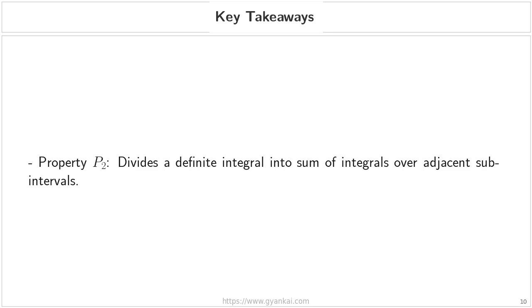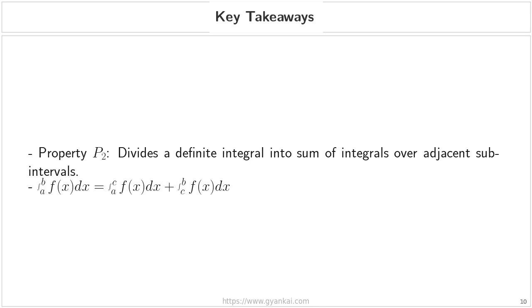Key takeaways. Okay, let's recap everything we've learned about the additivity of integration intervals, which we've been calling property P2. This slide summarizes the key takeaways. First, remember that property P2 essentially allows us to break down a single, potentially complicated definite integral into a sum of simpler integrals.